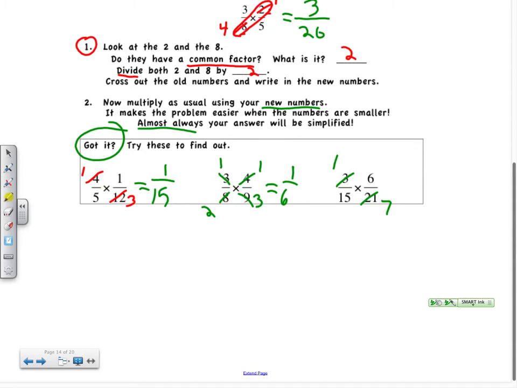Do they have a common factor? 3. So 6 divided by 3 is? And 15 divided by 3 is? All right. Easier numbers. What's 1 times 2? 2. 5 times 7? 2/35.